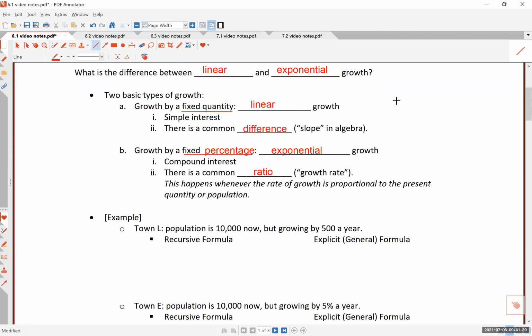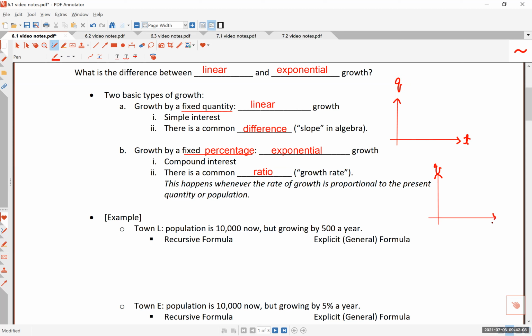Okay, so in terms of visual understanding, which I think is pretty important, right? Let me just draw a quick picture of what the linear growth is, and what the exponential growth looks like. All right, so in linear growth, you start at a certain number. Okay, let me go ahead and write down some ideas here. This is time. As time goes this way, the quantity Q goes that way.